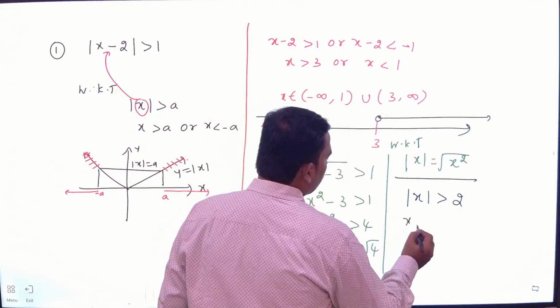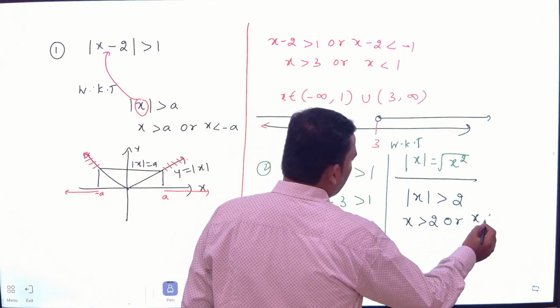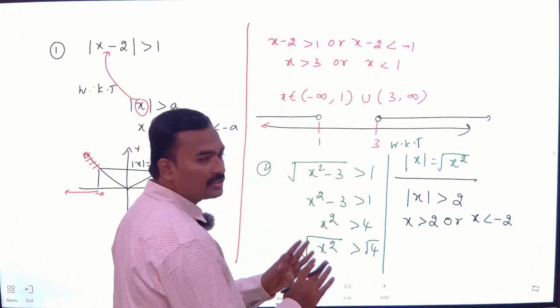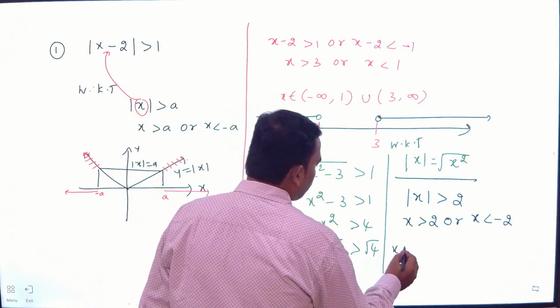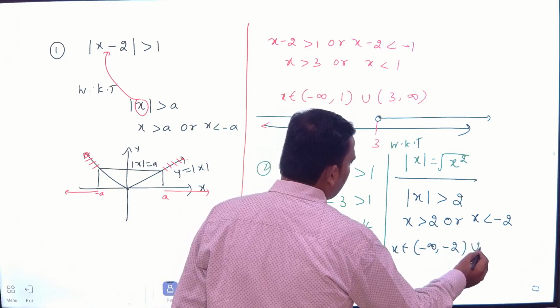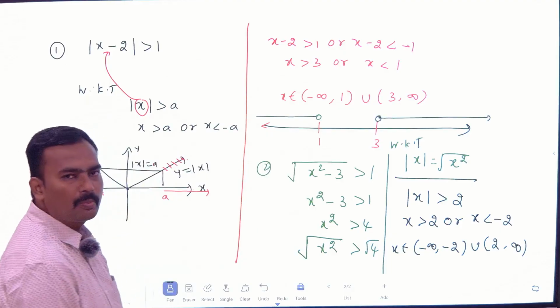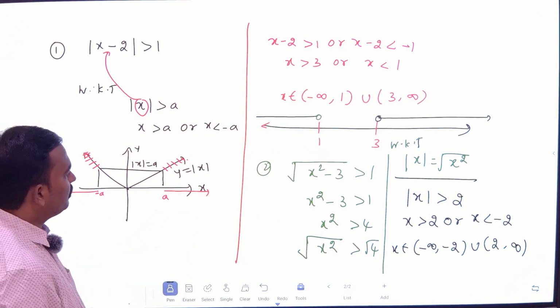So x is greater than 2 or x is less than minus 2. These are the x values, that means x belongs to minus infinity to minus 2 union 2 to infinity. This is your second one. I hope everyone understood. Let's do the third one.